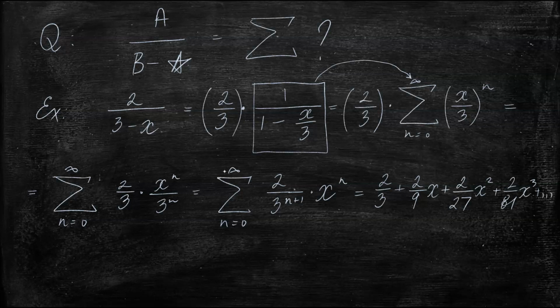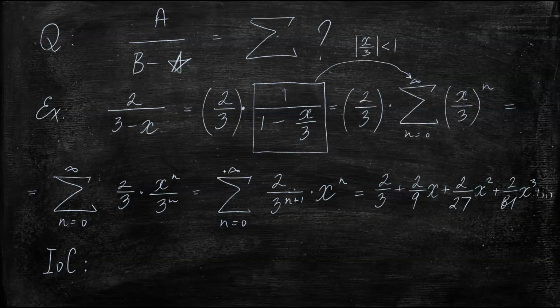So this is the power series representation of that function, and all of this makes sense only for the following values of x that are described by this inequality. So we used the pattern here, but that pattern only works when this is true.